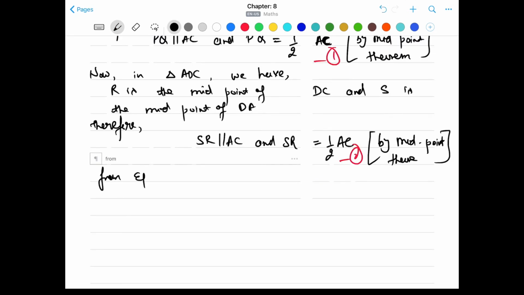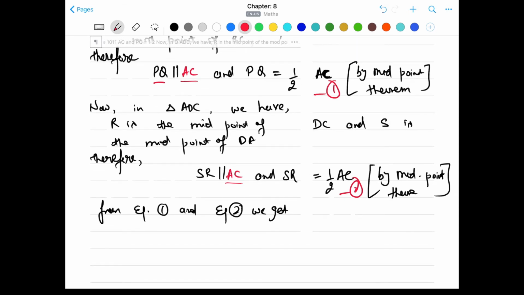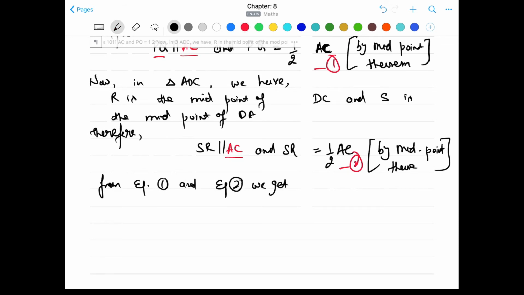From equation 1 and equation 2, PQ is parallel to AC and SR is parallel to AC, so both are parallel to the same line. This implies that PQ and SR are also parallel.